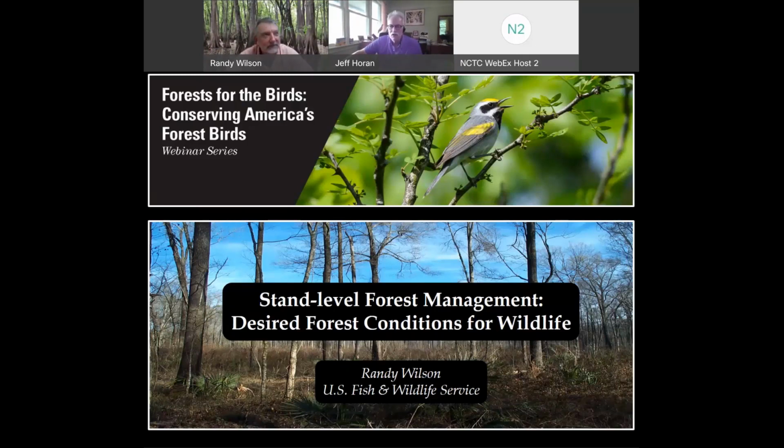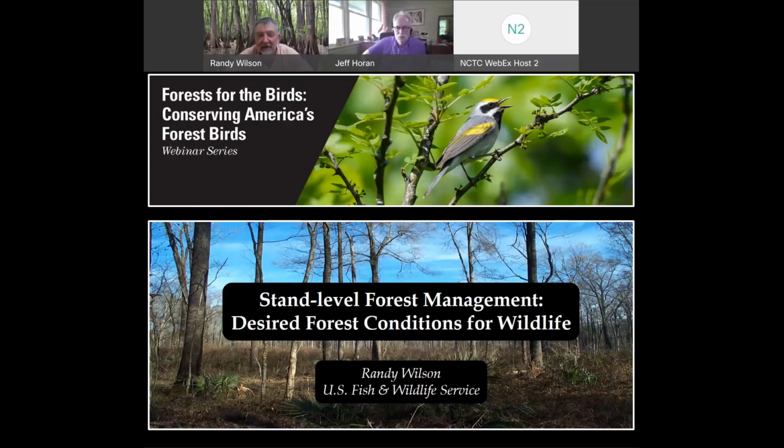I think you did. So here's a simpler question from Peter: are there similar DFCs available for northern hardwoods or oak hickory forests? Okay, I'm pretty sure that the Appalachian Mountain Joint Venture Partnership has something very similar to desired forest conditions for that geography.